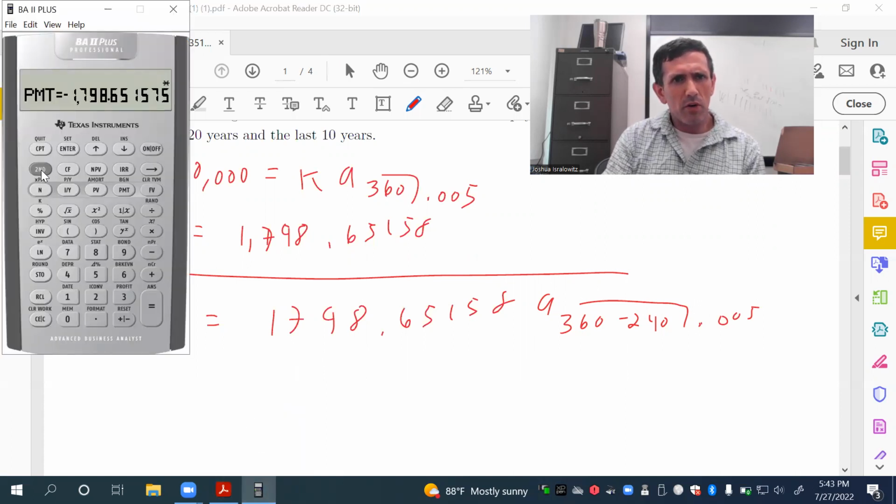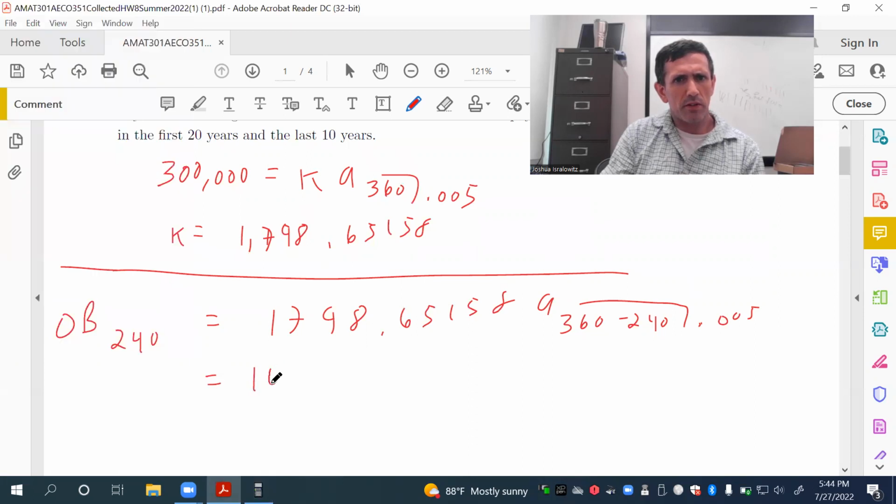All right, so clear TVM. Let's make this the payment. 120 N, 0.5 interest, compute present value: $162,010.76.